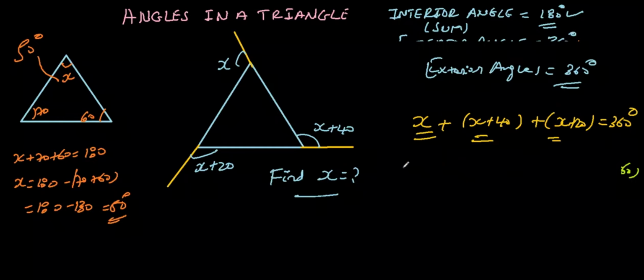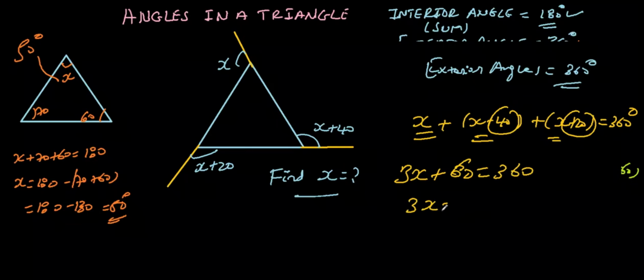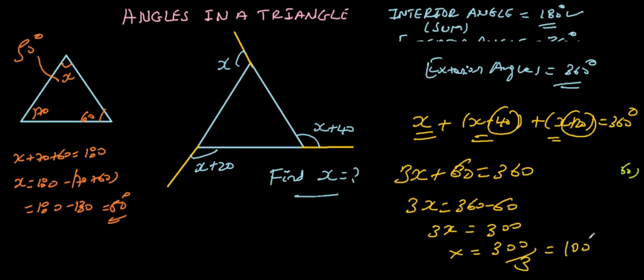So 3x plus 60 degrees is equal to 360. 3x is equal to 360 minus 60. 3x is equal to 300, and x is equal to 300 over 3, which is 100 degrees.